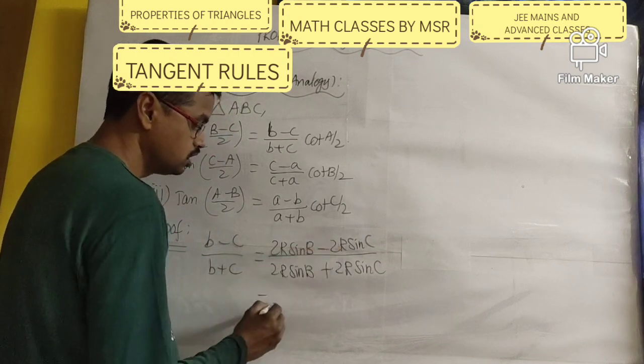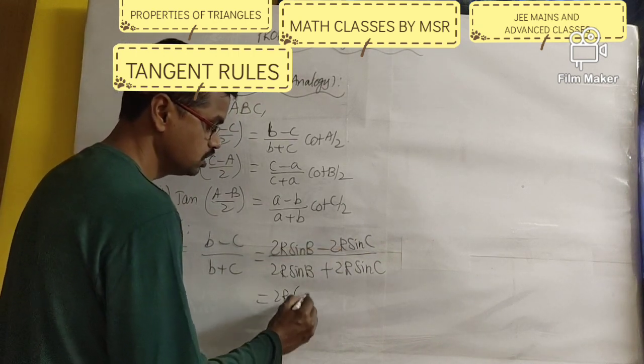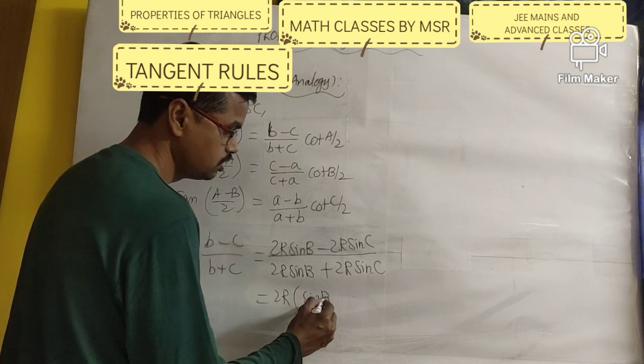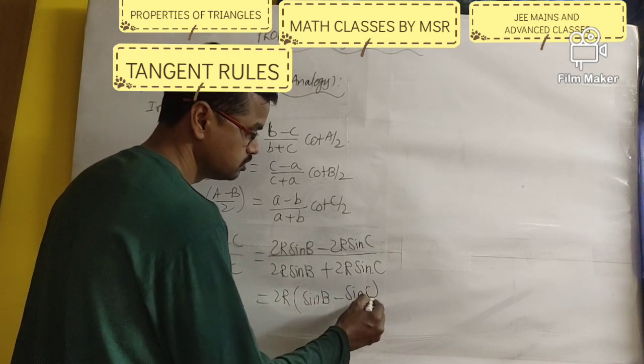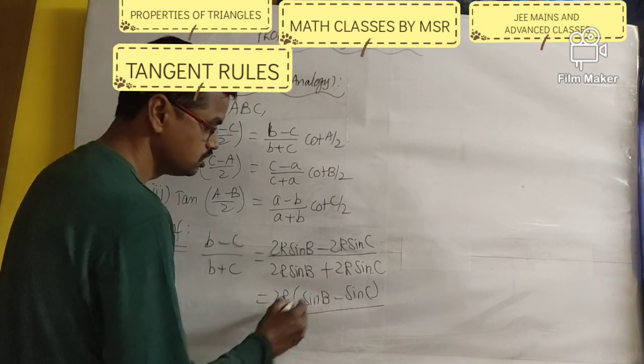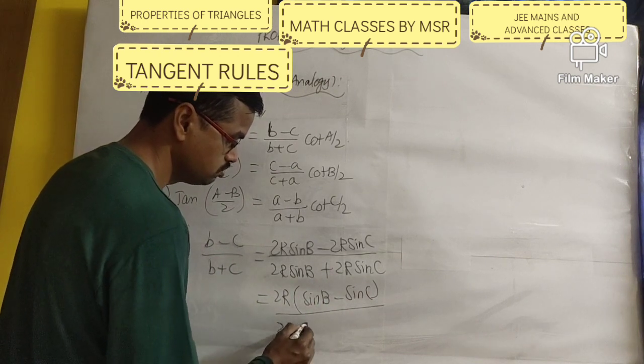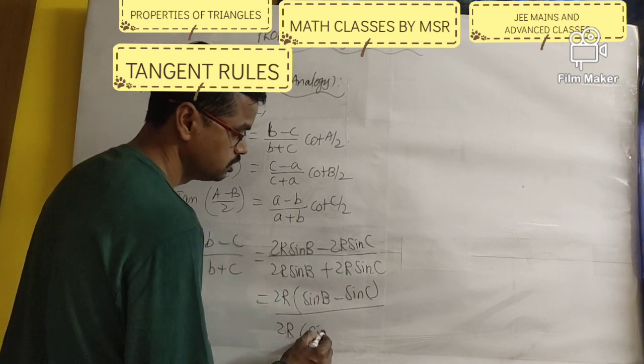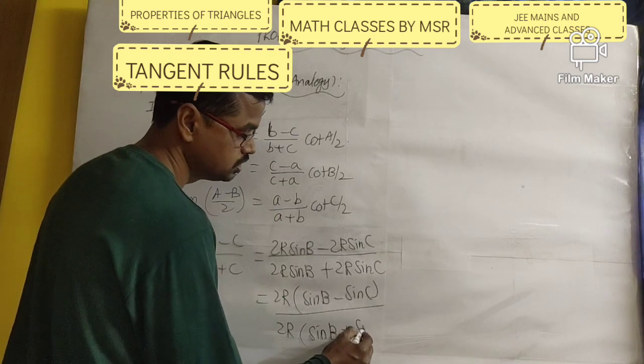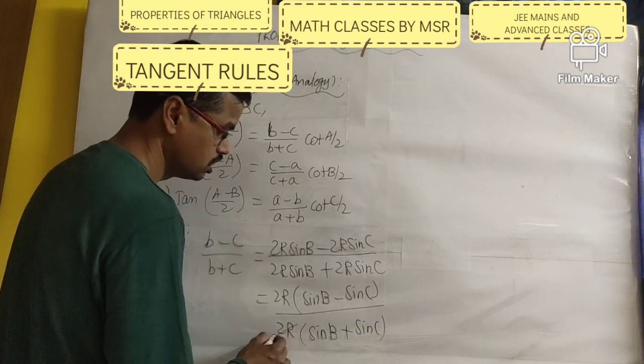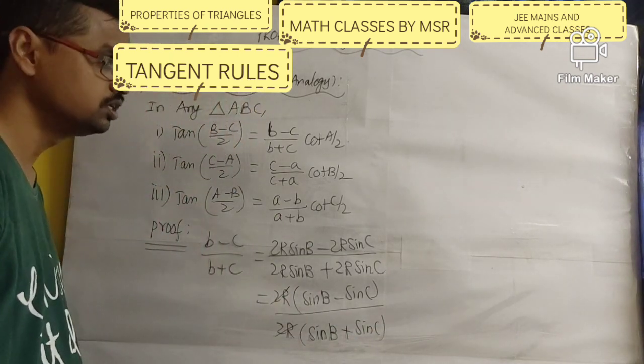So 2r I can take common in the numerator, so you will get sin b minus sin c by, here also take 2r common, 2r times (sin b plus sin c). Now I can cancel 2r and 2r.